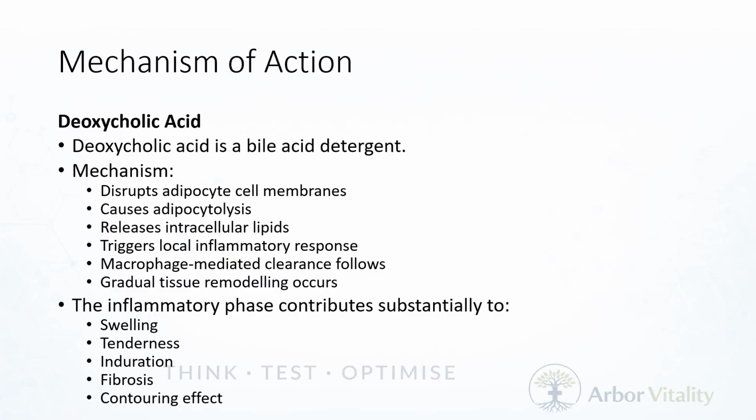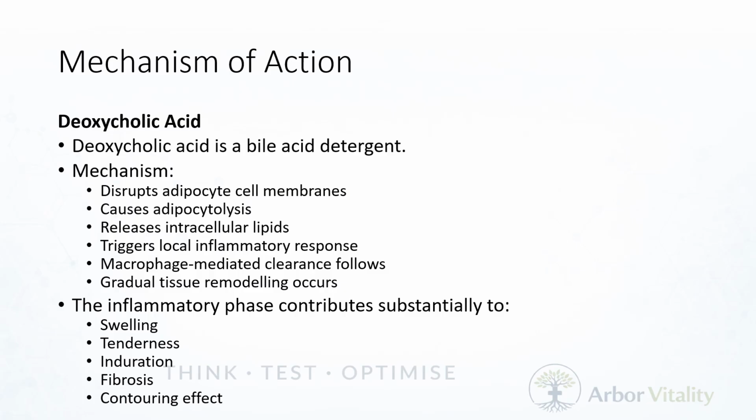So how does it work? Your deoxycholic acid is essentially a byproduct of bile acid breakdown. What does bile acid do? Bile acid helps digest things. Therefore, deoxycholic acid helps digest fat, in a sense. It disrupts the cell membranes of adipocytes, which causes cytolysis.